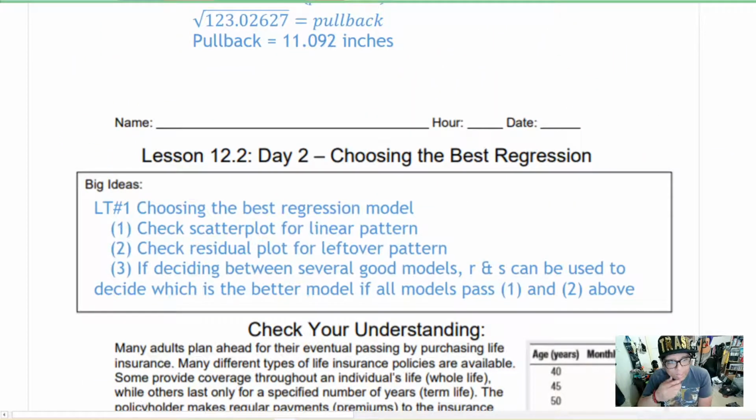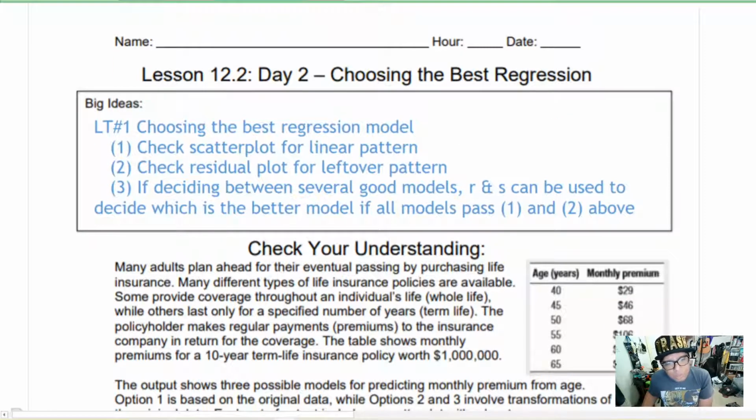Now, let's suppose we had a couple of different models and they all had a linear pattern in their scatter plot, and they all had no leftover pattern in their residual plot. Then what do you do? Well, in that case, you would choose based on R and S.